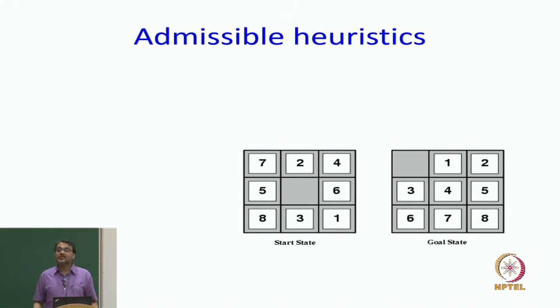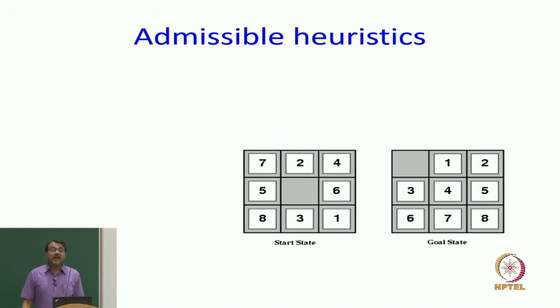Now, I would need suggestions from you. Please do not shout, raise your hands. Can you think of a heuristic which is admissible, that is, a lower bound that underestimates the cost I am going to need to go from, let us say, the start state to the goal state? Any suggestions? Yes, what is your name? Saigwan, yes.